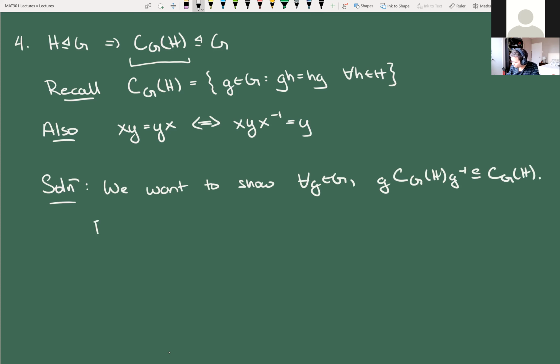Okay, so let's say fix some x in C_G(H), and let's look at and show that gxg inverse is in C_G(H).